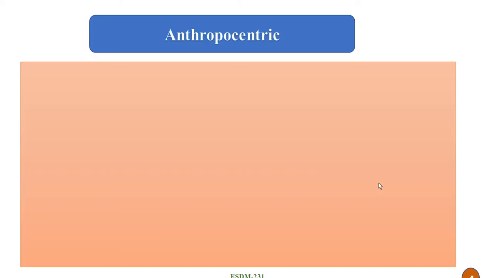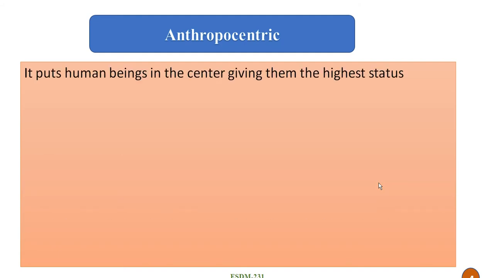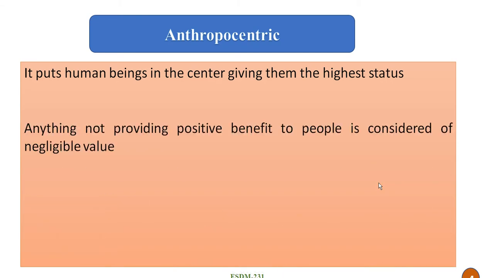First one is the anthropocentric view or approach of environmental ethics. This anthropocentric view puts human beings at the center, giving them the highest importance. So this is the man-centric or human-centric approach of environmental ethics.